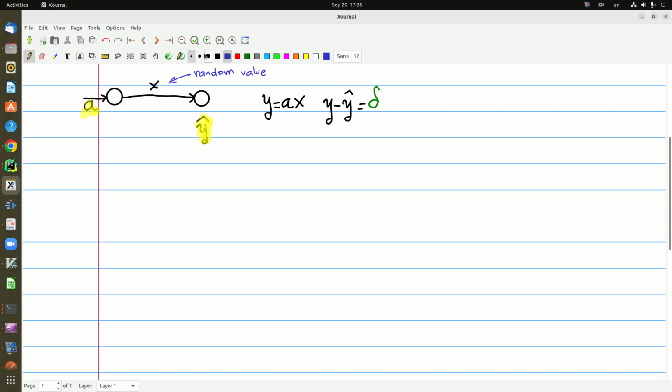At this point, it is helpful for us to understand the following. Let's assume that we have the two axes. Here we have x.